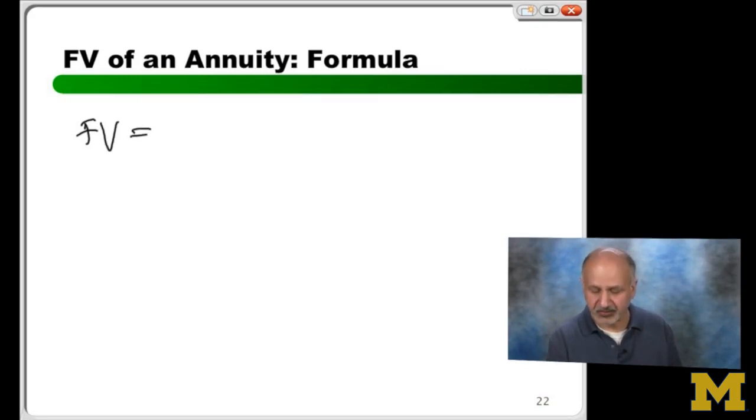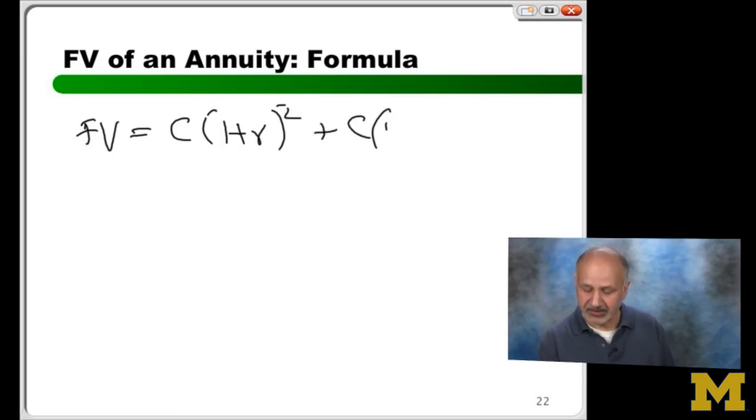And as I've told you before, the one thing not very good about this is my handwriting is pretty awesome. So this is FV, future value. Okay, so what's the future value of the first guy? C(1 plus R) square. And the first guy occurred in which period? 1. Second, C(1 plus R). And the third, C.